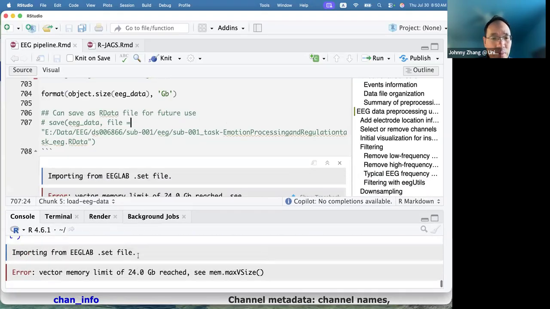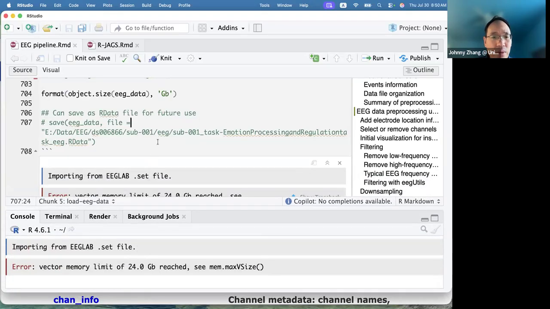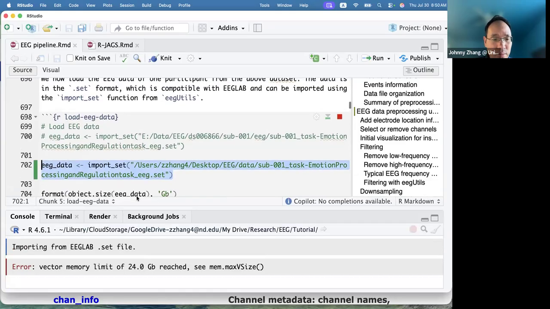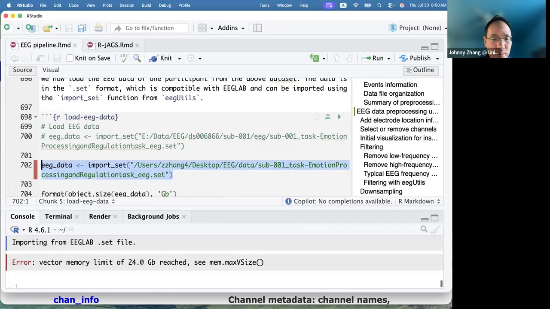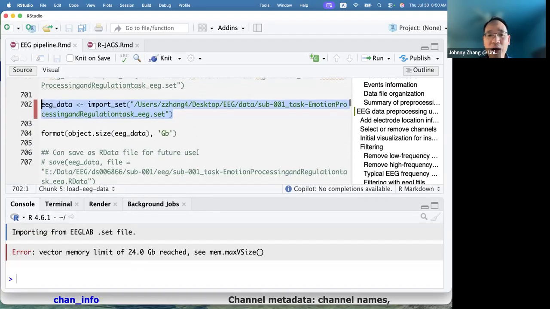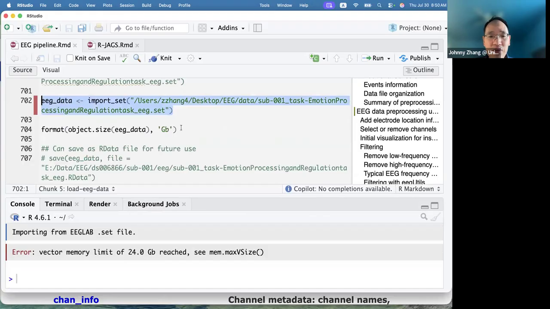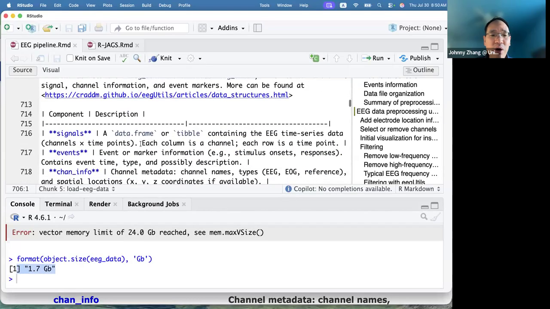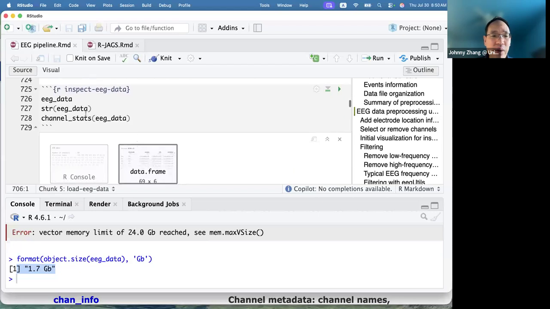I don't have enough memory. Let me try this again. I probably don't have enough memory because I already ran a lot of data analysis here, but I should already have the data set here. This data has 1.7 gigabytes, so it takes 1.7 gigabytes of memory.